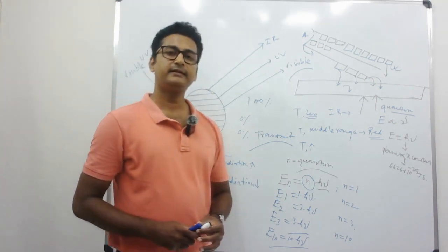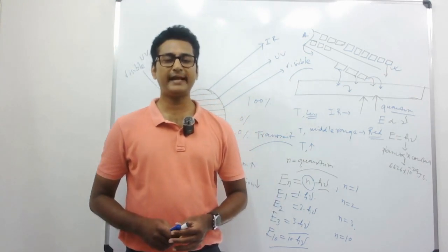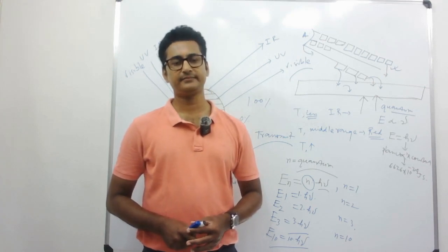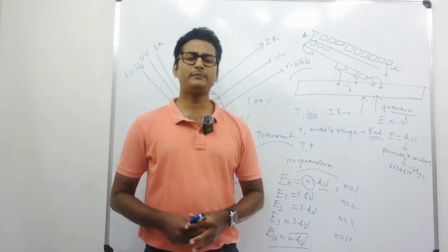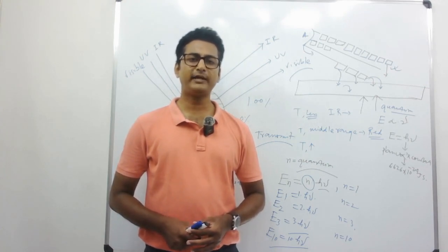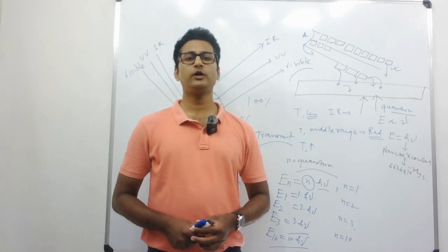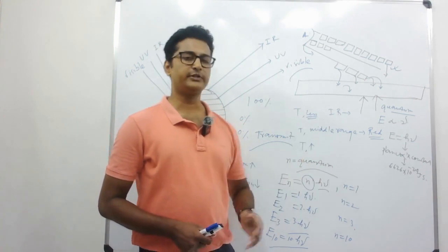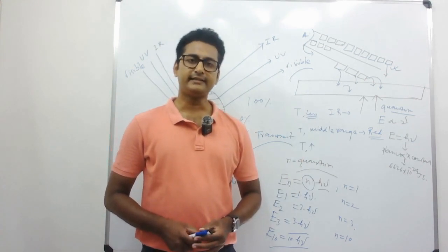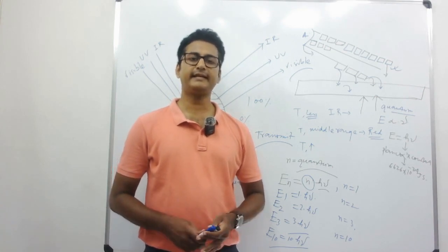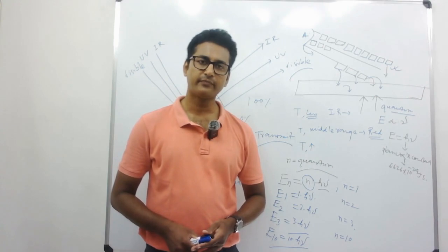So Max Planck's quantum theory has some advantages. Max Planck's quantum theory paved the way to modern quantum mechanics. And based on this quantum theory, later Niels Bohr proposed his atomic model.